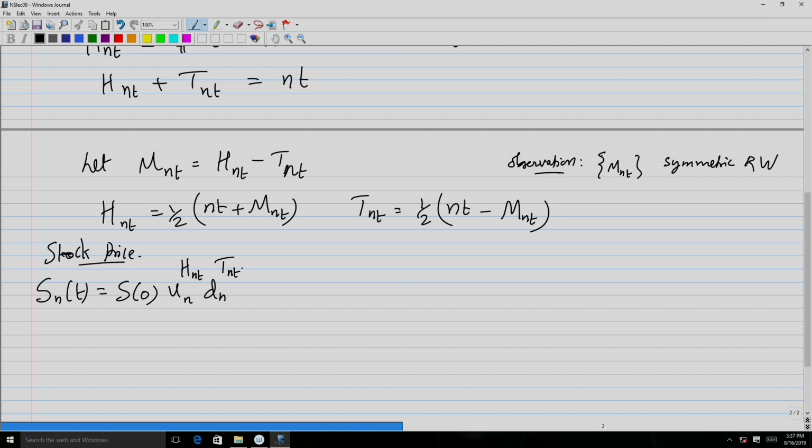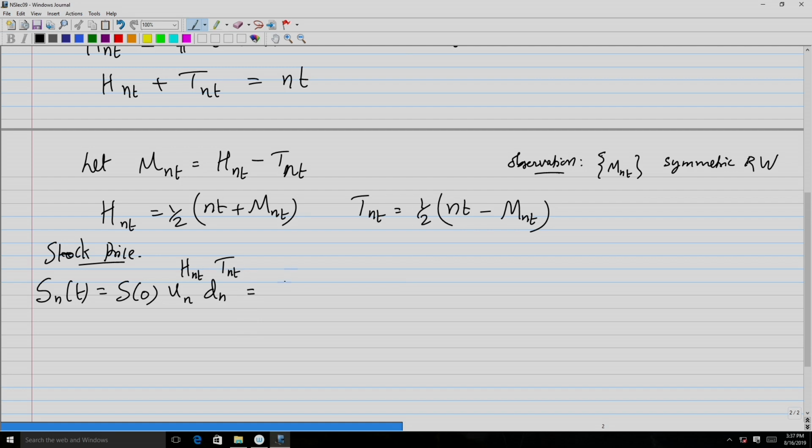So, this is the initial price multiplied by u_n to the power number of heads, or up movements, and d_n to the power number of down movements. So, this is what would be the stock price. Now, u_n and d_n I know, and H_{n_t} and T_{n_t} we know.